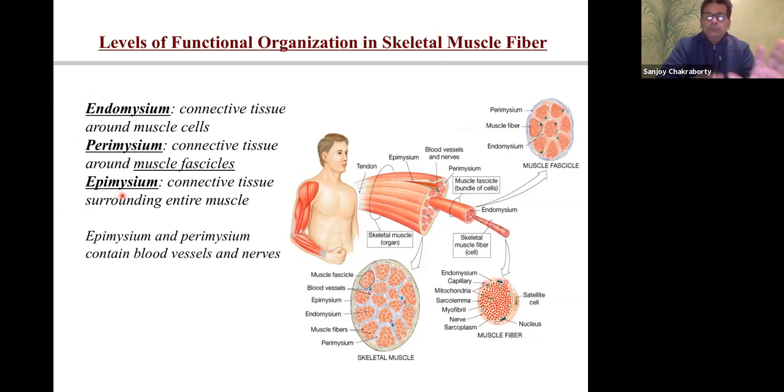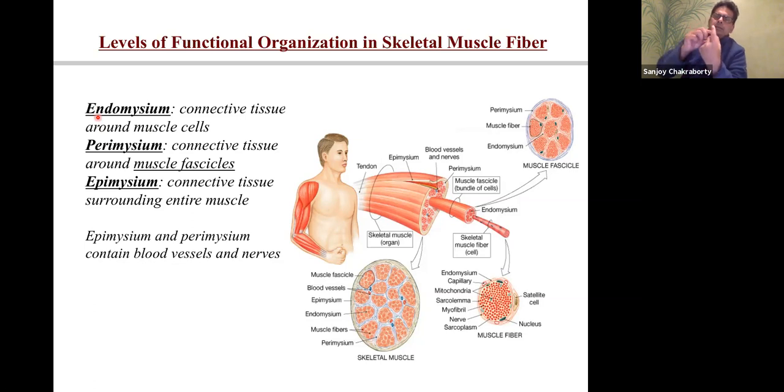Right now we focus here. Mysium means muscle. Endomysium is the innermost layer. If my finger is one cylindrical muscle cell, this individual muscle cell is surrounded by a delicate layer of connective tissue, and that is endomysium.